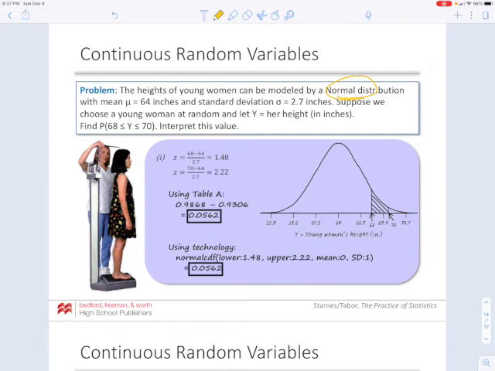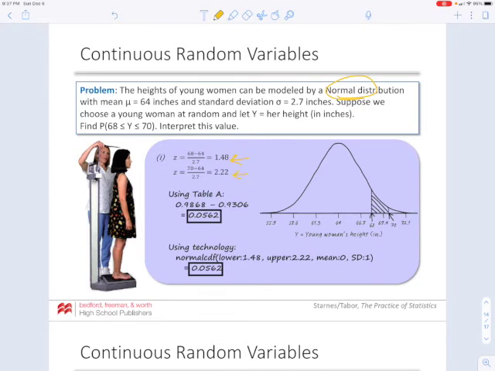So this is actually something that you've already done back in, I believe it was chapter 2. So we can do this by hand, right? We can go in and do our standardized scores. Here we have the lower bound, 68 minus 64 divided by the standard deviation of 2.7, and then we have our upper bound.